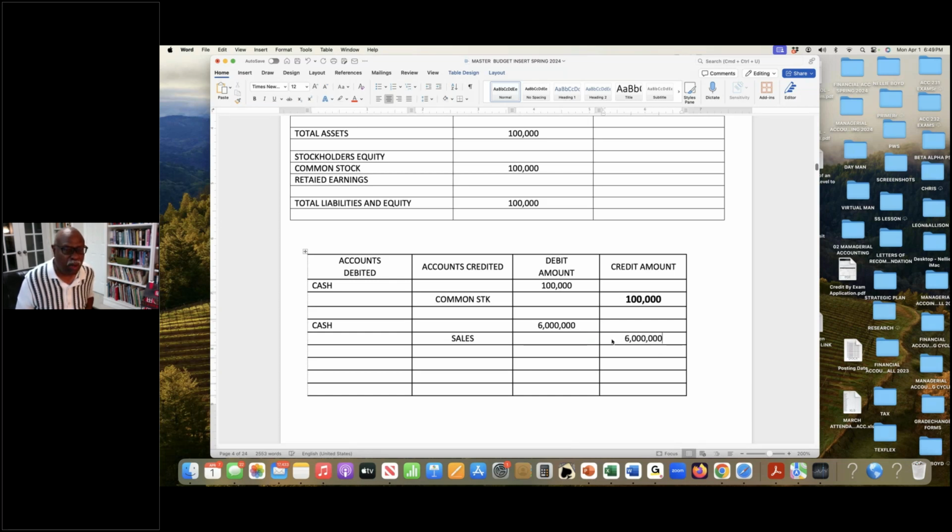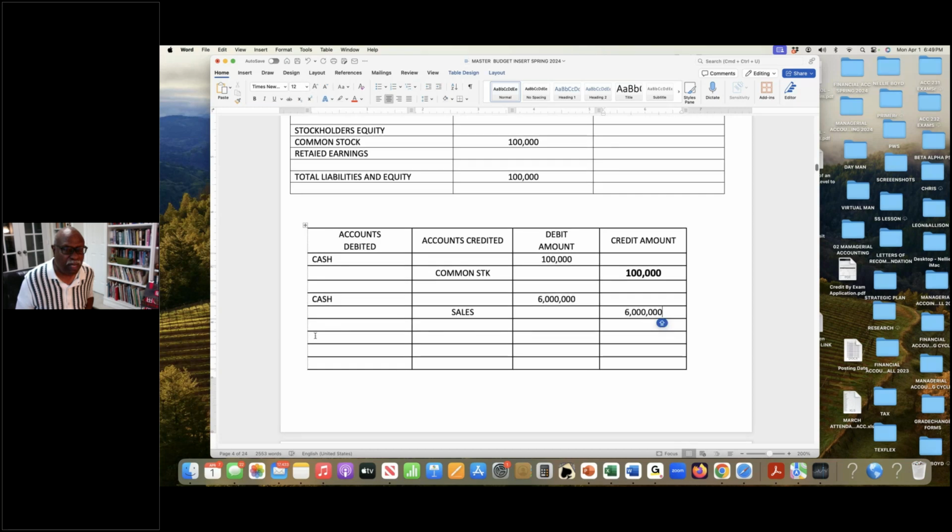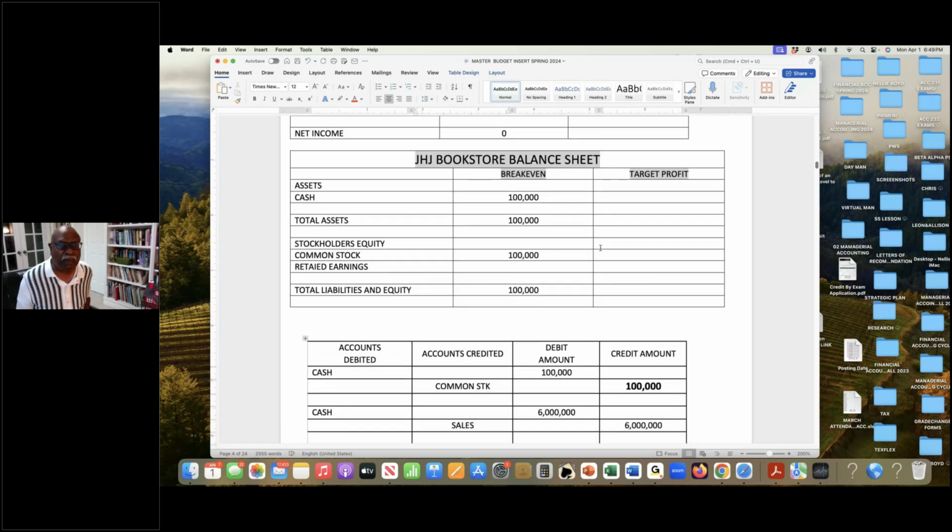Because we sold all the books, we would simply debit cost of goods sold. We credit cash for the cost of those books, and that was 2 million.